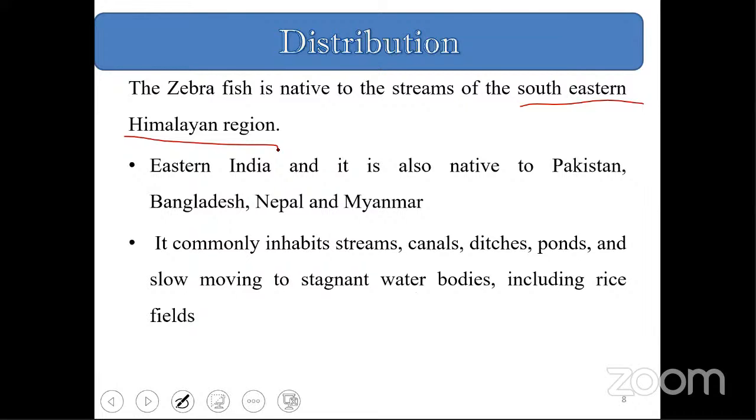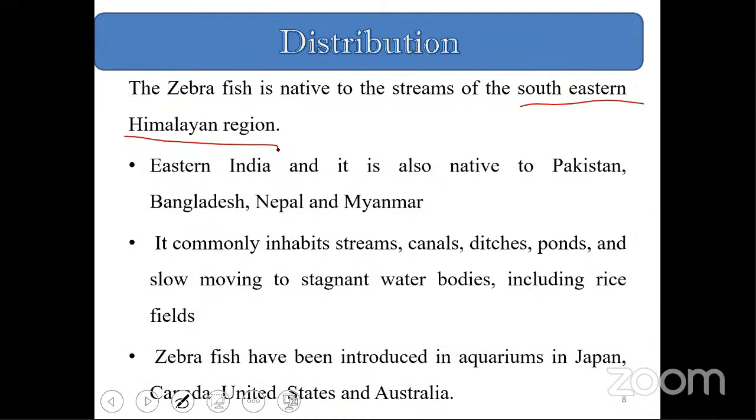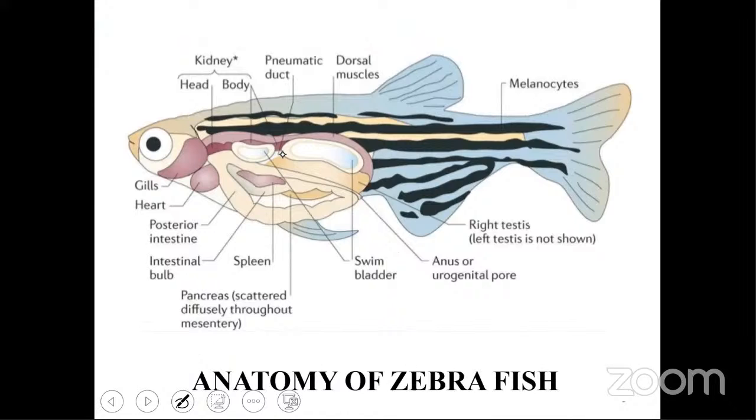It commonly inhabits streams, canals, ditches, ponds, and slow-moving to stagnant water bodies, including rice fields. Zebrafish have been introduced in aquariums in Japan, Canada, United States, as well as Australia. So this is about the distribution of that species.